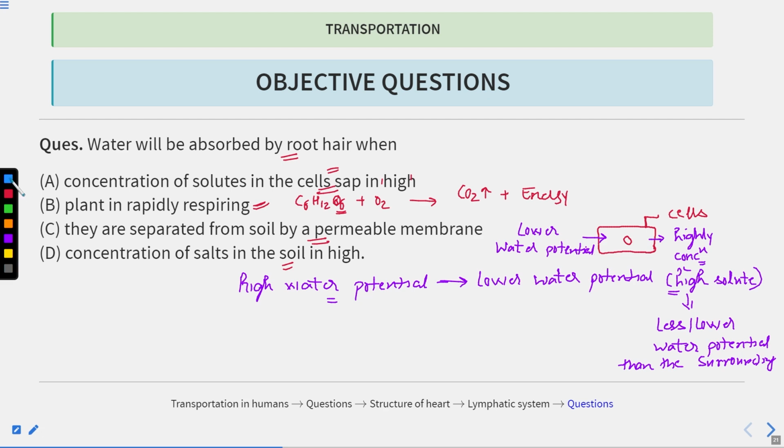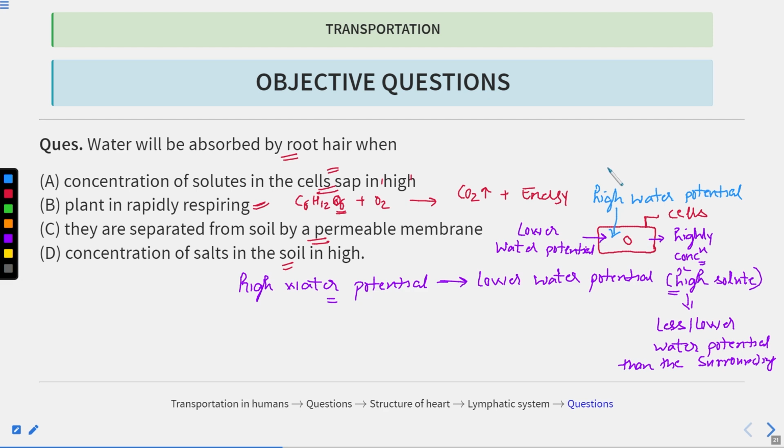So what will happen here? In the surrounding of the cell, you have a high number of water molecules, or higher water potential. So water will travel inside. This is how uptake of water takes place.